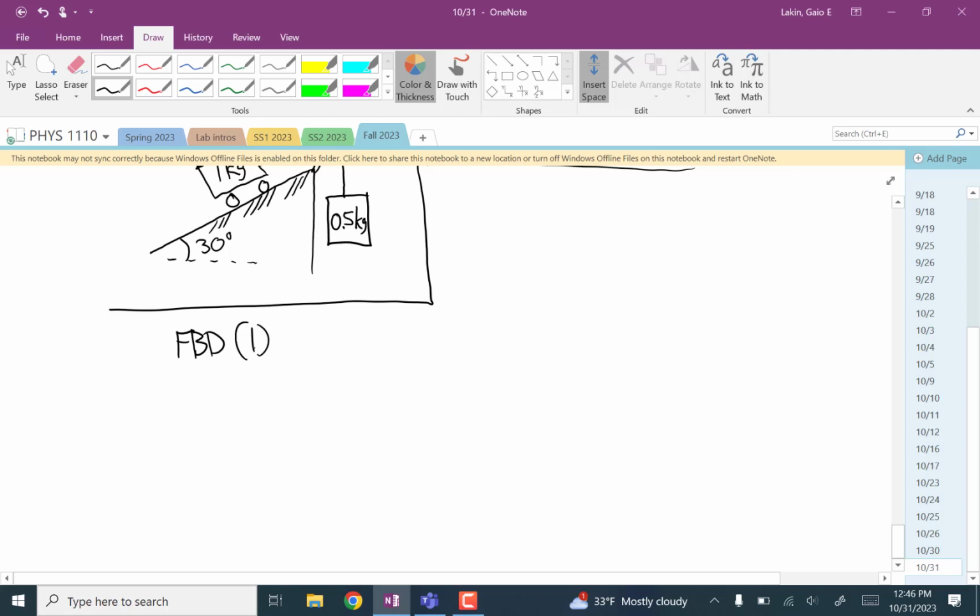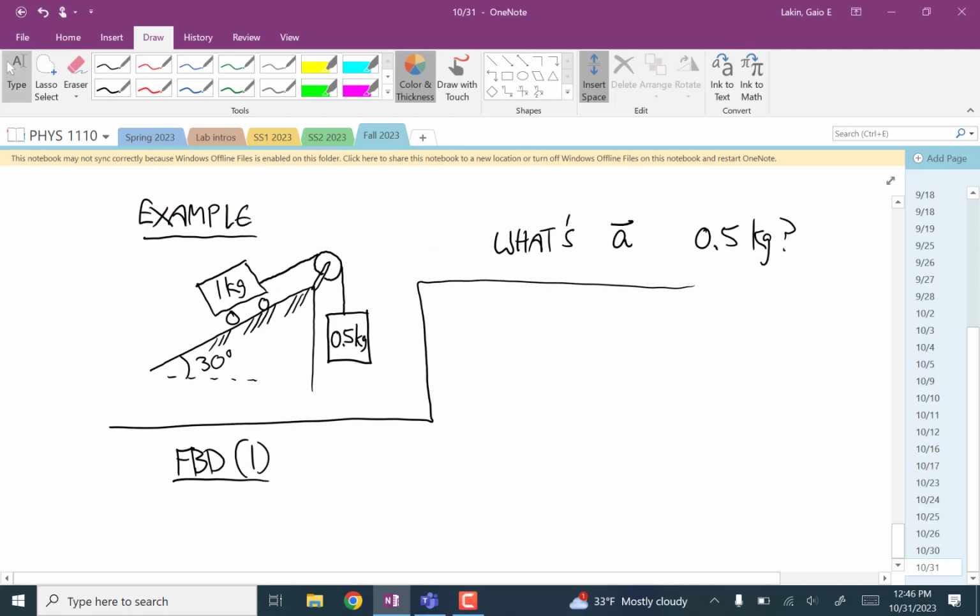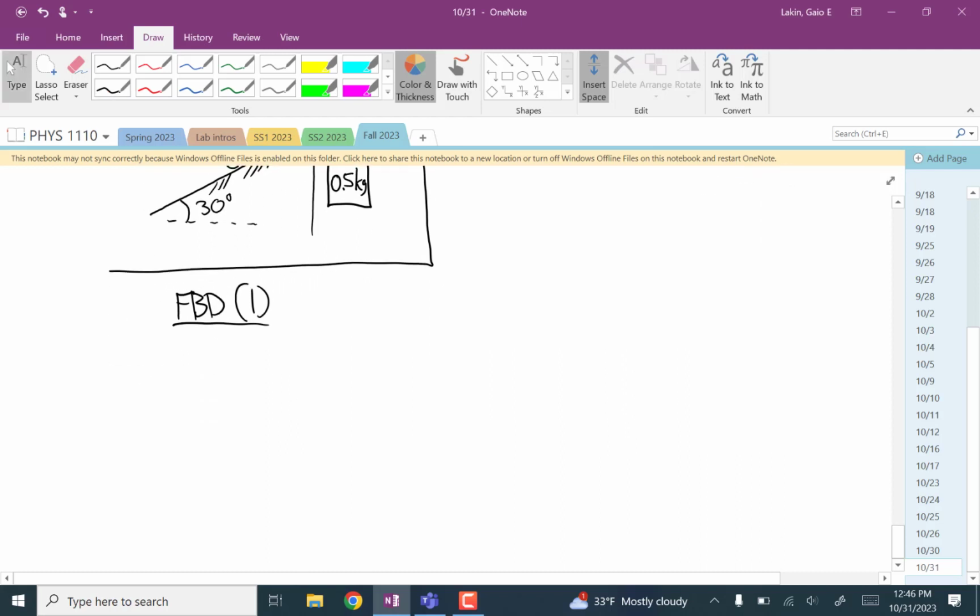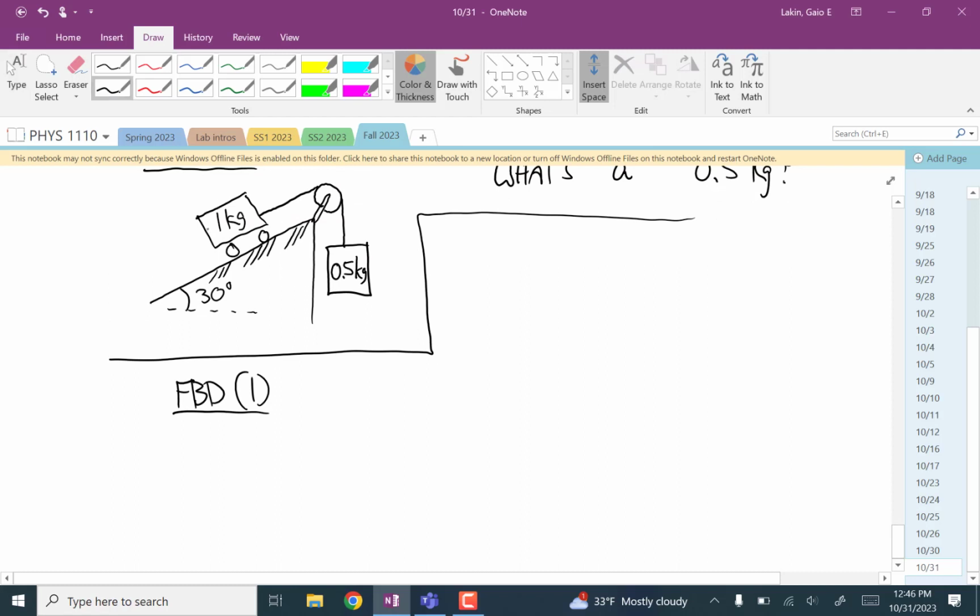Then second, isolate the hanging mass and go through it that way. Right now, just come up with a free body diagram for the 1 kilogram cart and the equation that you're going to use in the system of equations from this, okay? Then I'll do that and then we'll go on to the next one.